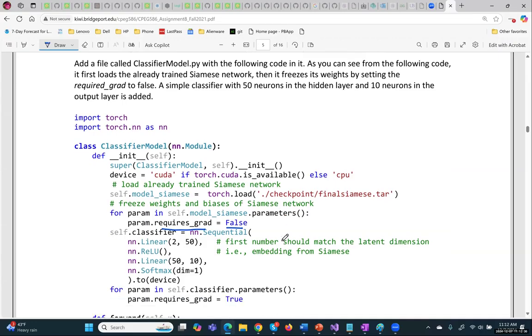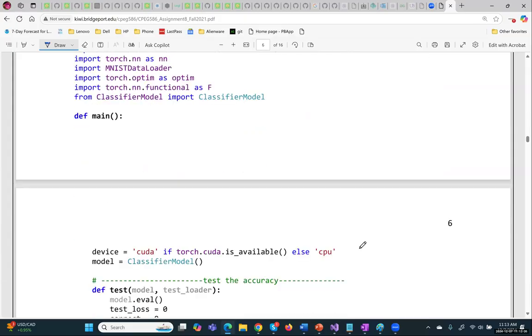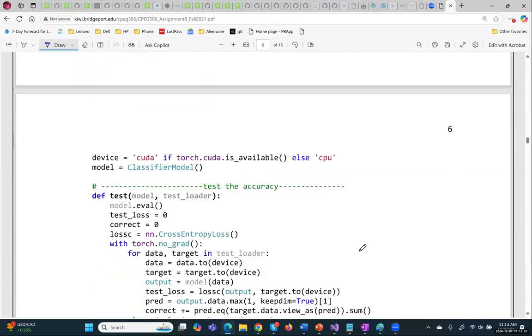Once you go through the assignment, you will see that this is where we are using torch.load to load the Siamese network, and then setting requires_grad to false. And then this is the classifier we are attaching to it so that it can categorize. So this is typically how we set it up after training, as a Siamese network.